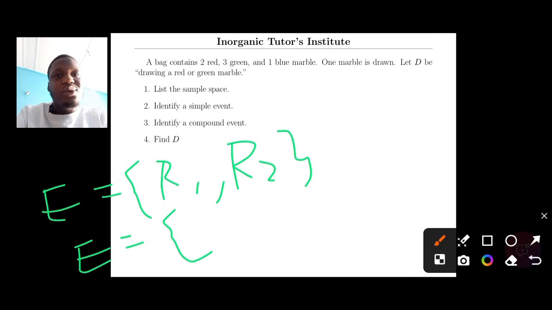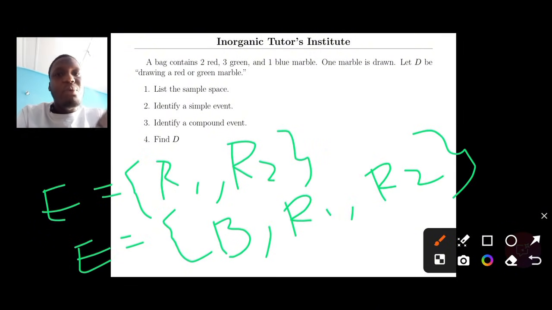Any of these 3 marbles satisfies the condition. We will do more of these in the coming questions. So that's how to state a compound event.